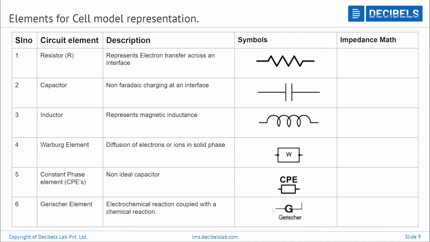So this is also a behavior that can be represented. In order to calculate this, a different set of equations is used. For that, we'll try to bring one more boot camp, because that is again an in-depth concept.